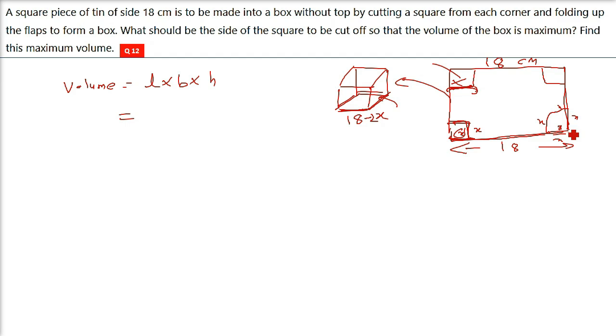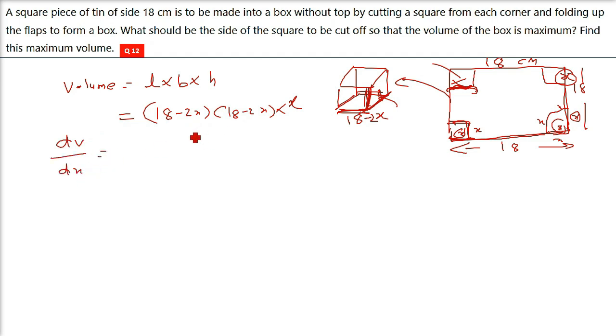The length and breadth, of course, are 18 minus 2x each. So we have known the length and breadth. Now we have to talk about the height. What will be the height? Height is x, because the portion cut is x and that will be folded, and once you fold the side of x, the height of the shape being formed will be x.